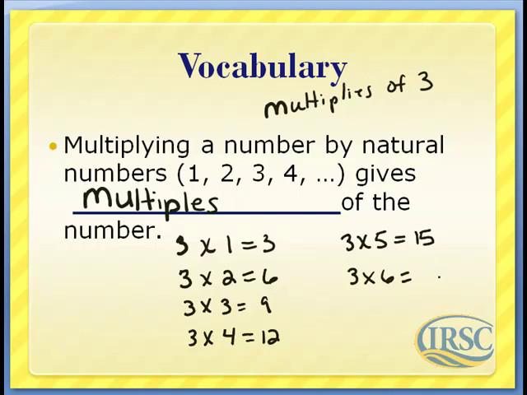But anytime we multiply a number by natural numbers will give us a multiple. So this is the first vocabulary word, multiples.